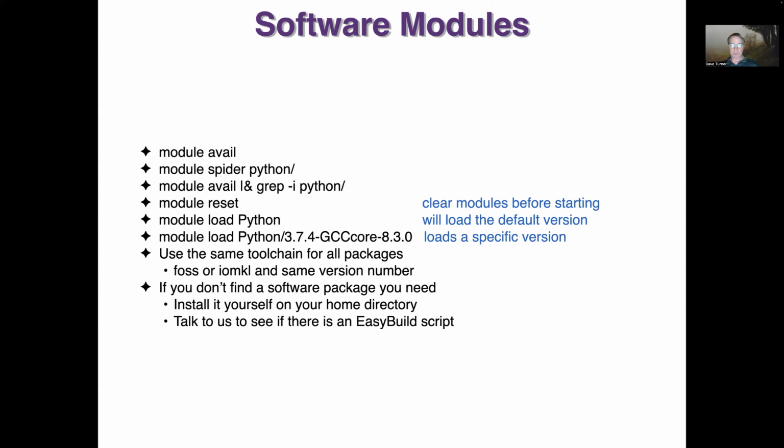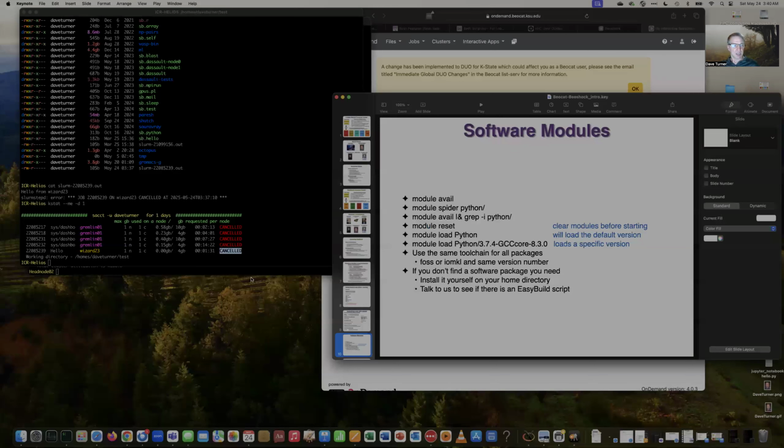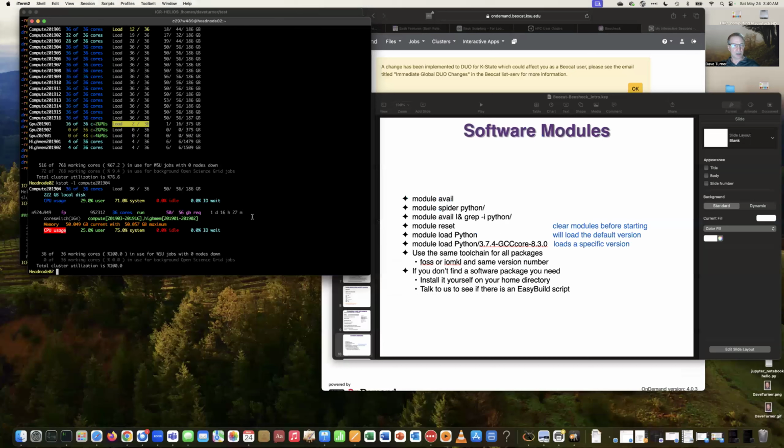And also, if you have to install software on your own home directory, we're always available to help. We expect you to at least start the process, and then when you run into problems, email us, and we're happy to help.